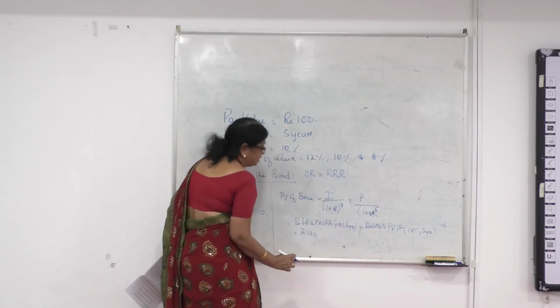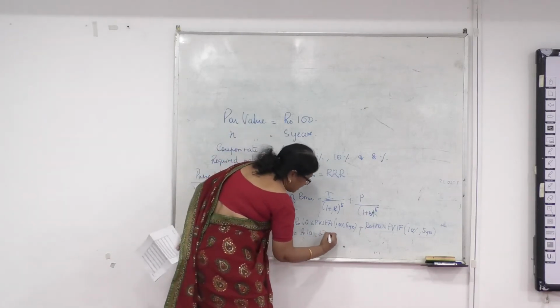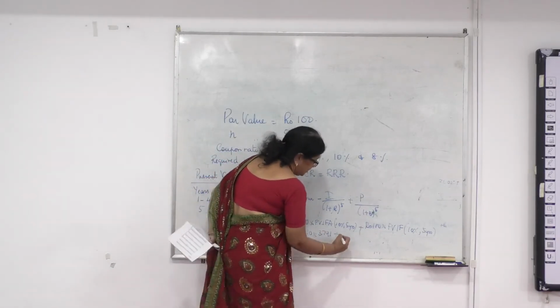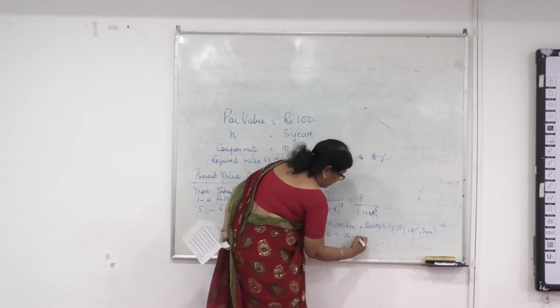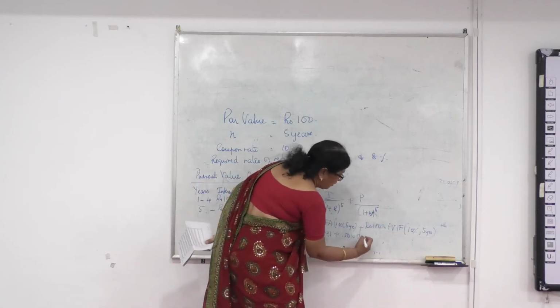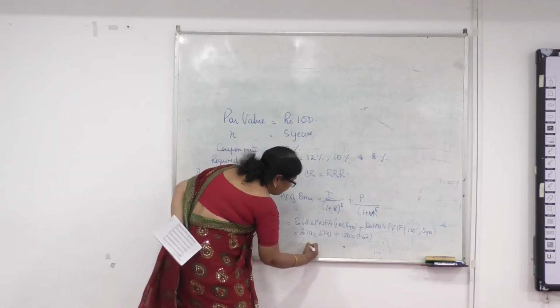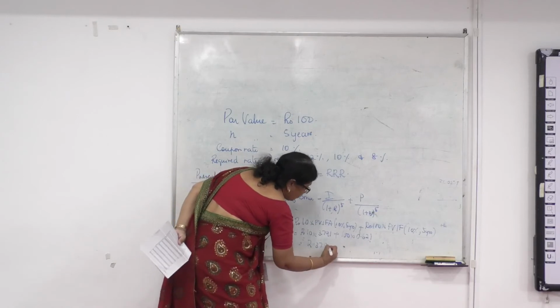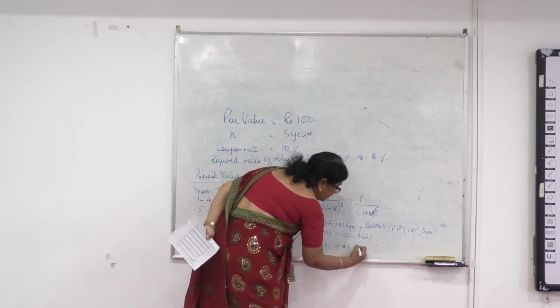Now the discount factor at 10% for 5 years is 3.791, and here 100 into PVIF at 10% for 5 years will be 0.621. Now find out, this will come to rupees 37.91 and this will be 62.10.